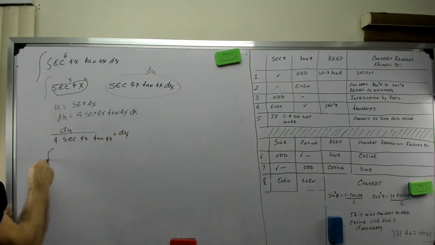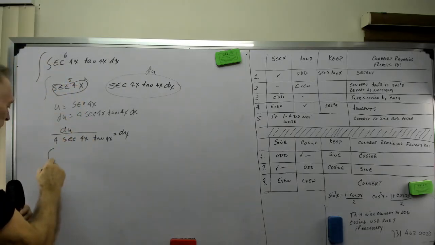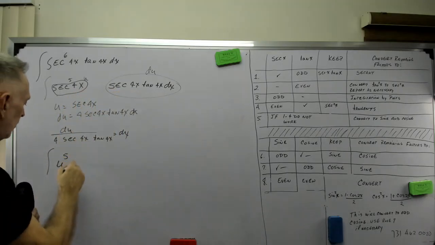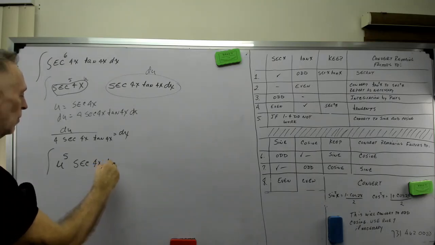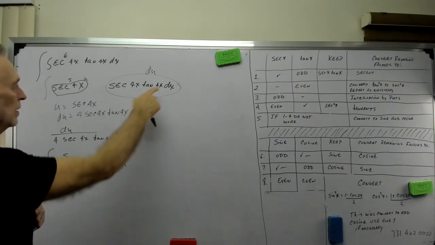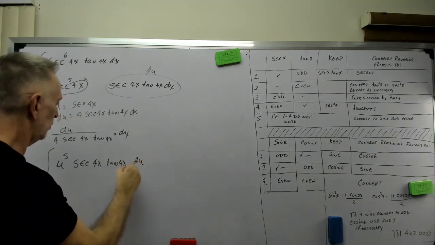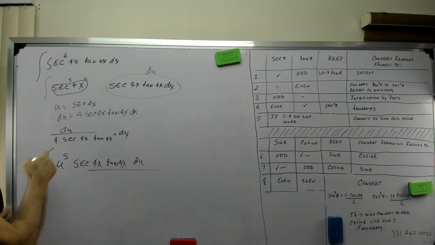Let's go back to our integral. Now we have the integral of u to the 5th. I still have the secant 4x tangent 4x dx, but dx equals du over 4 secant 4x tangent 4x.